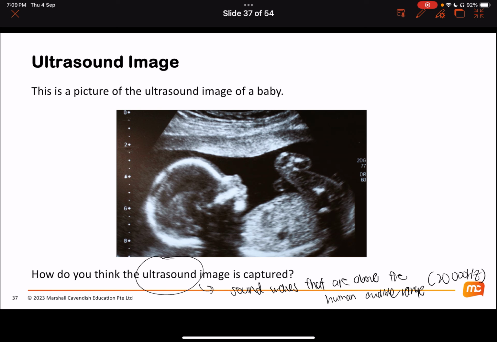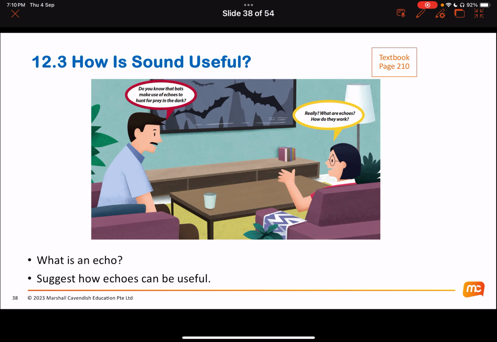How come sound waves can generate an image in the first place? The answer comes from the idea of echo.